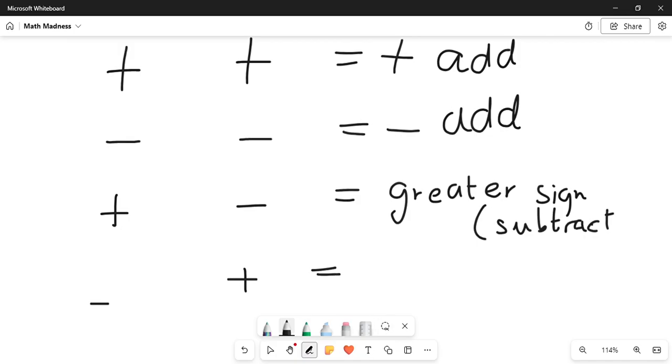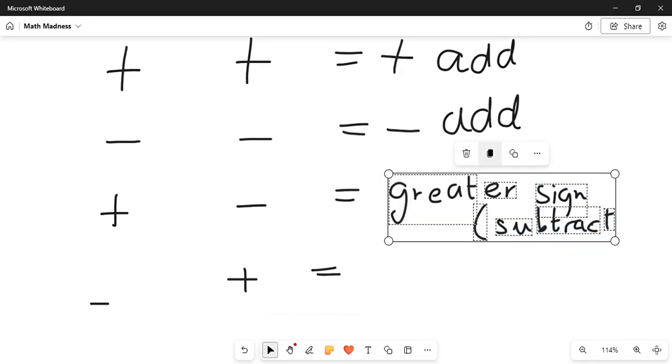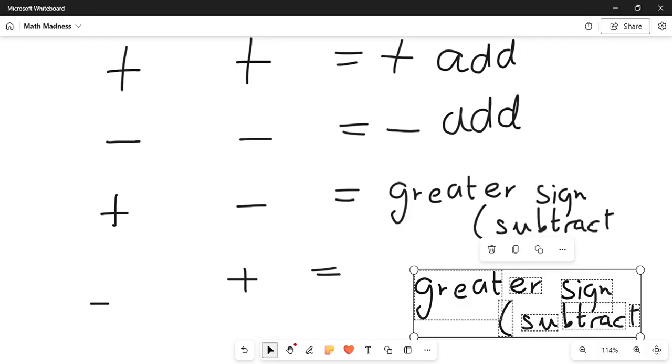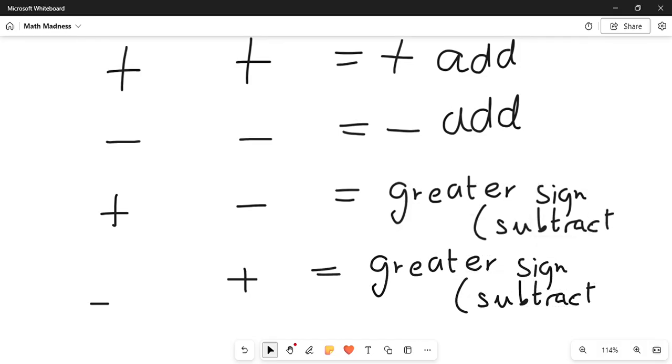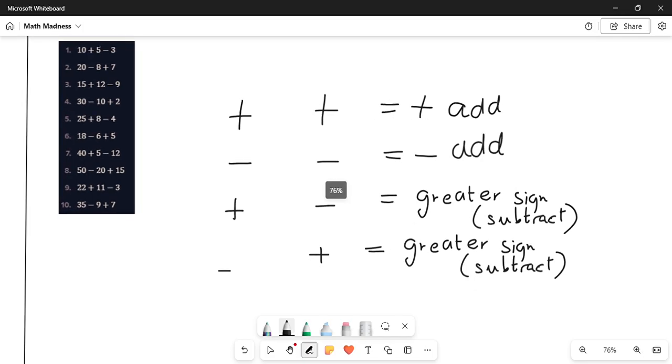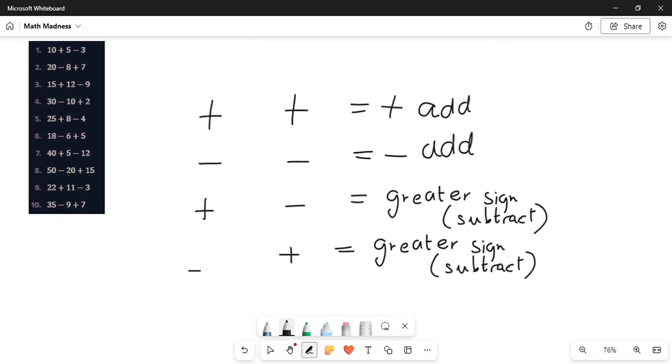You will have a greater sign and you will subtract. So these are very, very basic rules that you need to know about before starting these questions. So let's just solve these questions keeping in mind these rules.